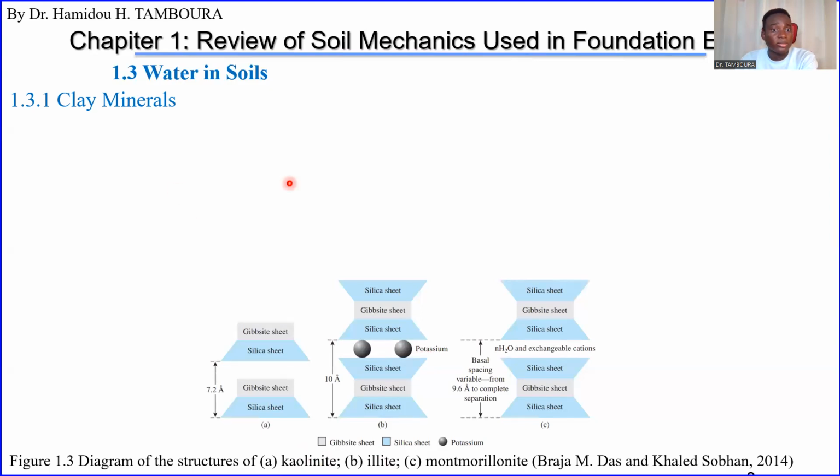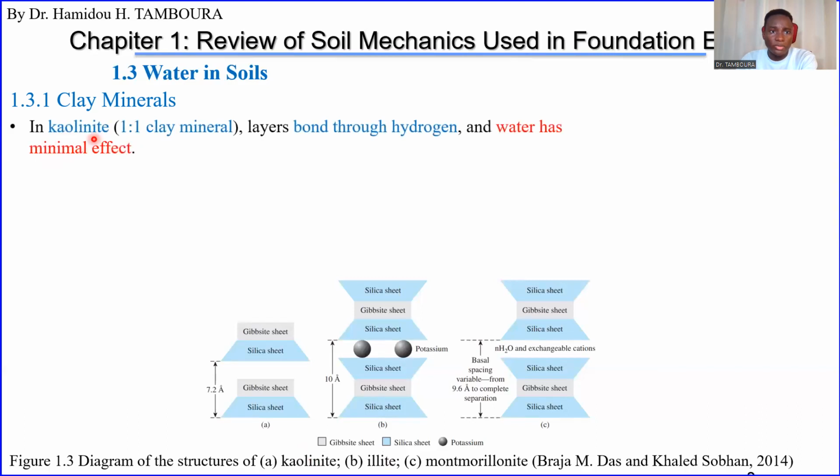The most important part is what is coming now. In kaolinite, it's one sheet by one sheet: one silica sheet, one gibbsite sheet, then it repeats again. However, the other one is not the same.